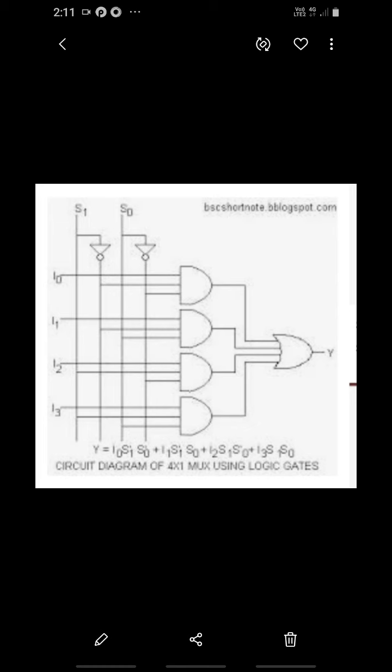Next take another AND gate, I1 S1 bar S0. Then another, I2 S1 S0 bar, and finally I3 S1 S0, the fourth AND gate. By combining all the AND gates with an OR gate, we get the final output Y. So this is about the 4x1 multiplexer.